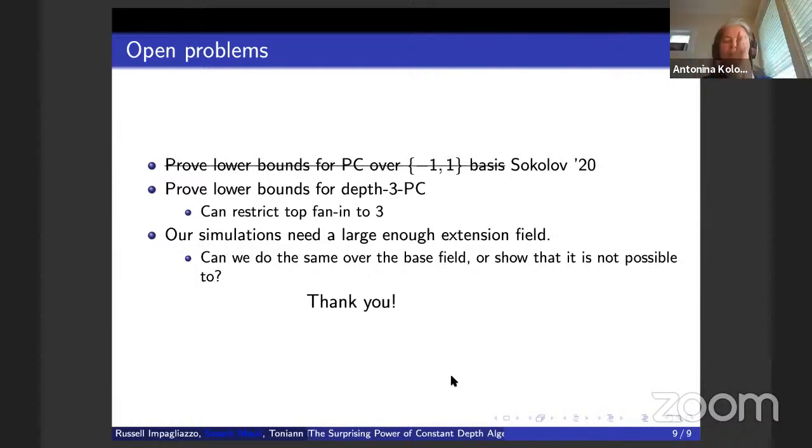So if I understand it right, in your result, you add new variables multiple times? Yeah. What can you say about just pre-processing once?